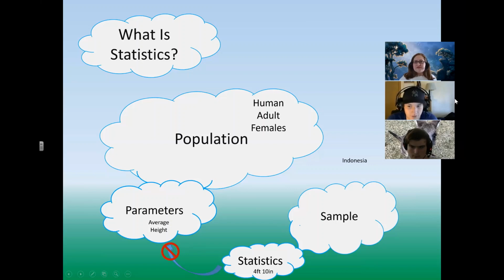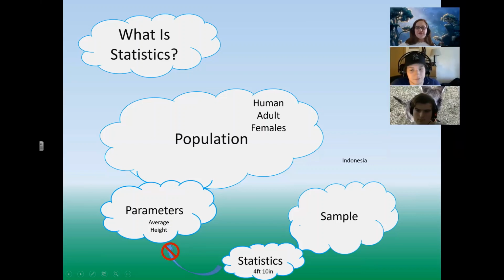It was from 1997, so slightly dated. Age 50 plus. So Indonesian grandmothers. It was Indonesian grandmothers that are 4'10", which makes more sense than all human adult females, yes?